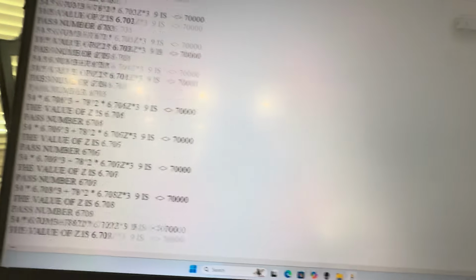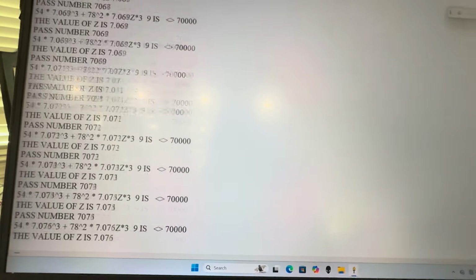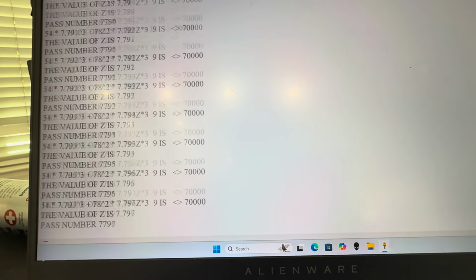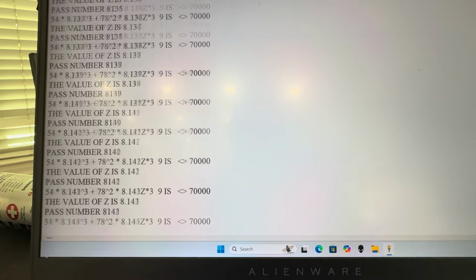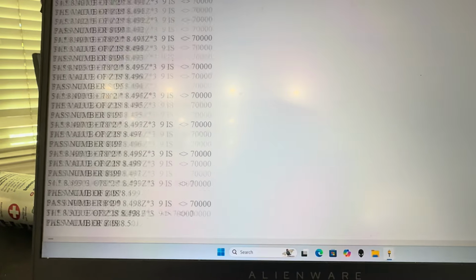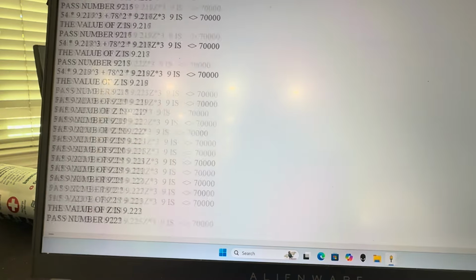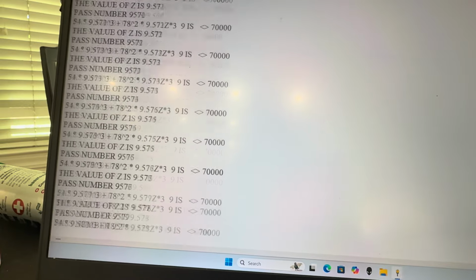Every loop is 0.001. The total time will be there as well.